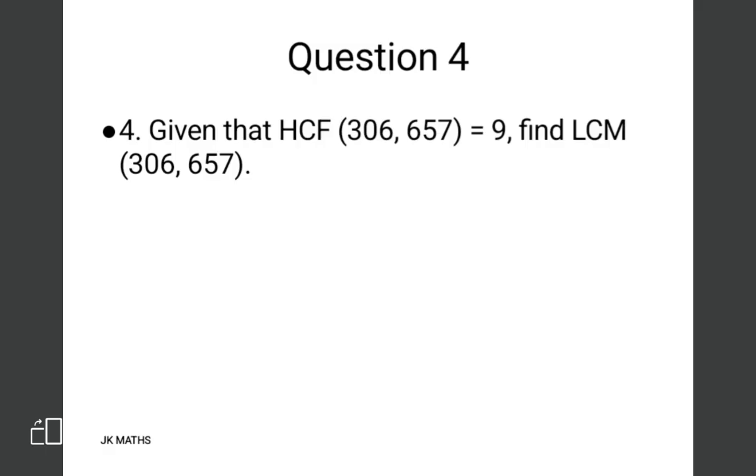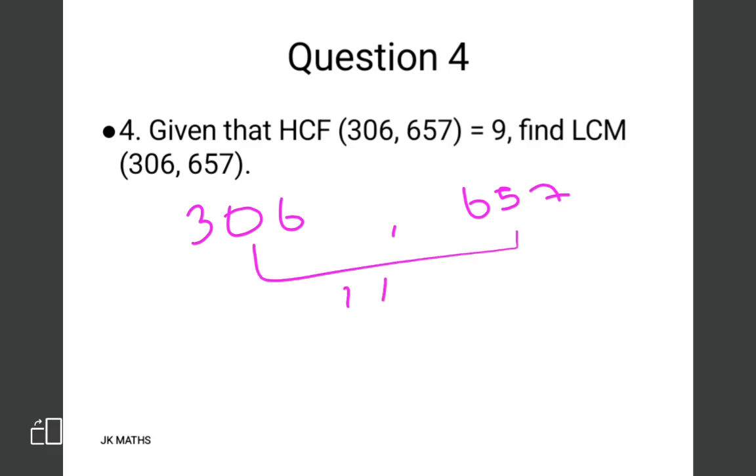So what they are saying is, 306 and 657 are two numbers. The HCF of both the numbers is equal to 9, which is given by the question. So we should find the LCM.